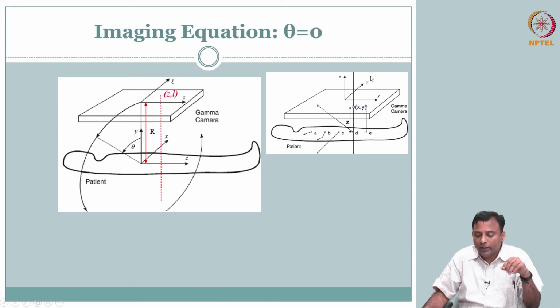So this was your Y, this was your X, this was your Z. So when we did this material from a detector point of view, the physics part in nuclear medicine, we wrote the imaging equation in this coordinate system, because there the image was this plane, your X, Y. That is why we wrote it like that.